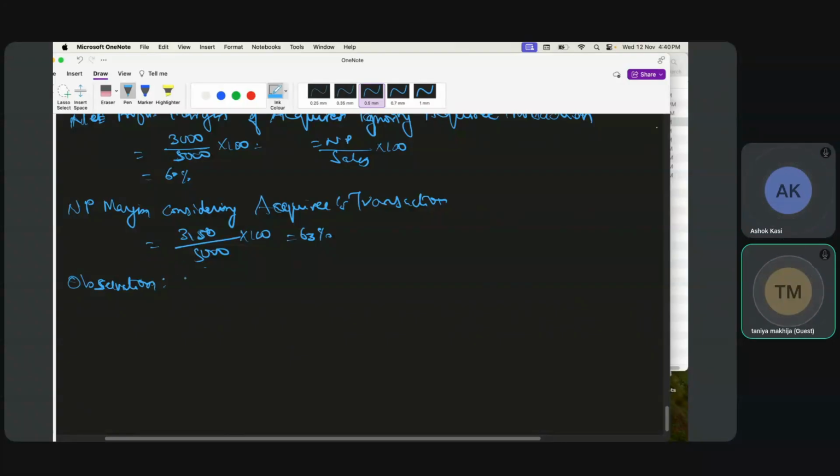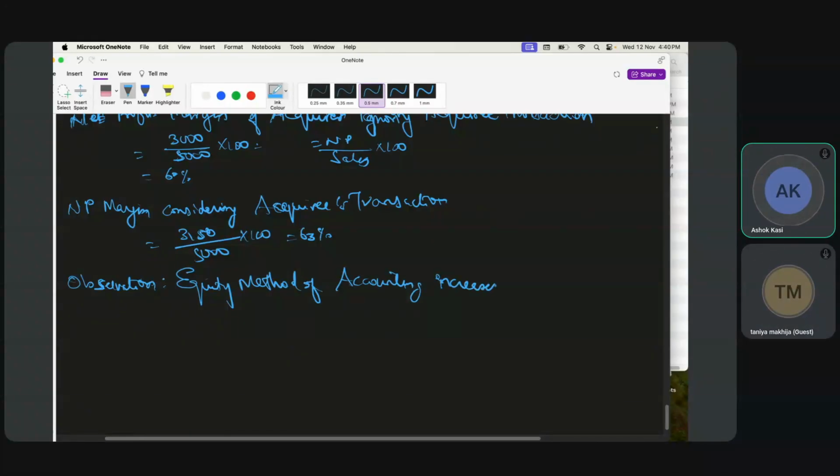So that means equity method of accounting increases or decreases net profit margin, because in this case it increased, but if this would have been loss, it would have decreased.